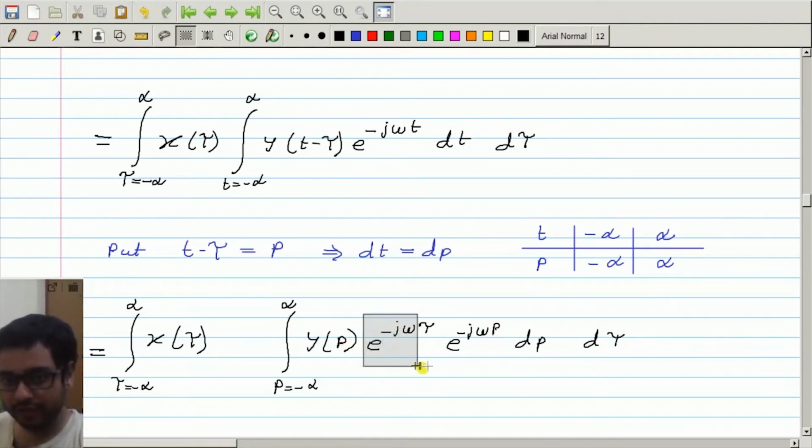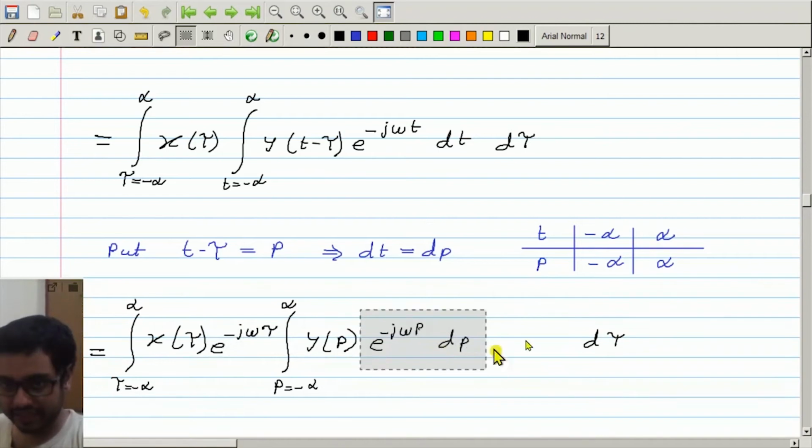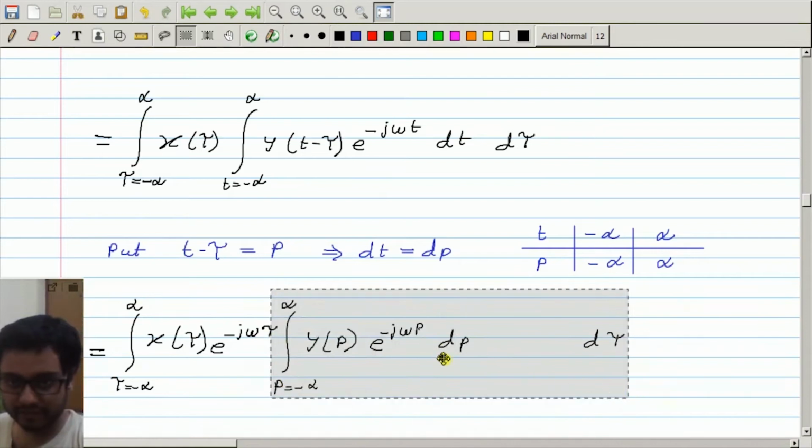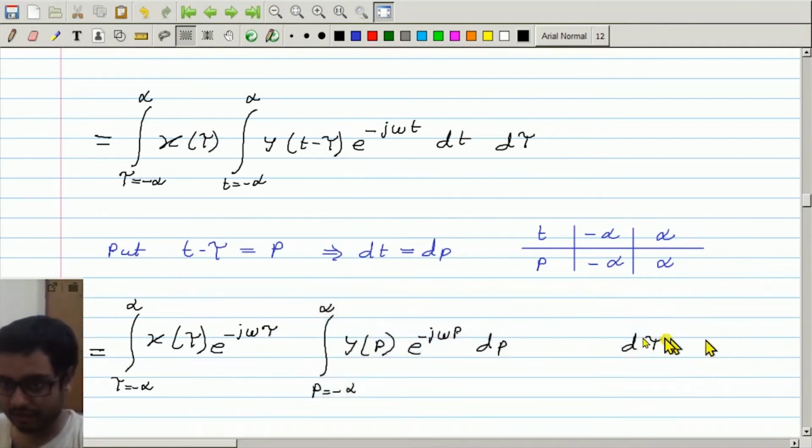So I will bring it outside here, and let me write these terms closer. Also, this d tau can be written here, okay, with the first term, like this, and we are done.